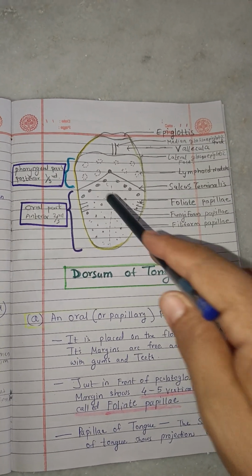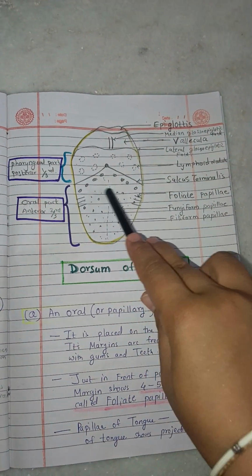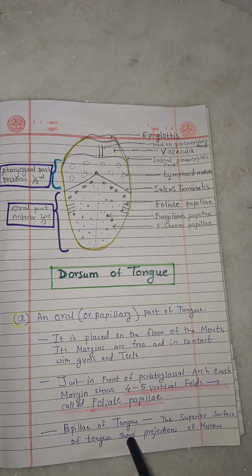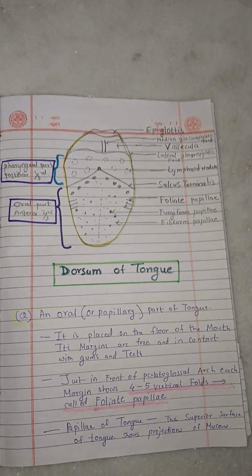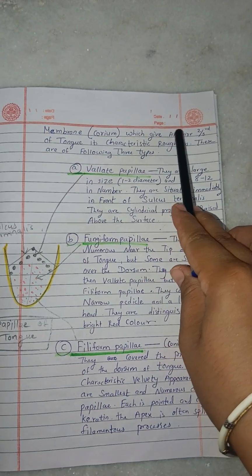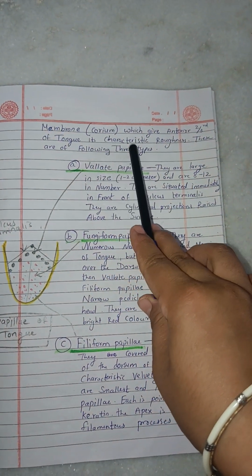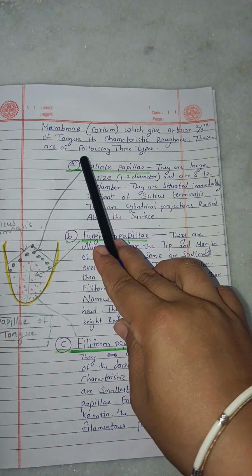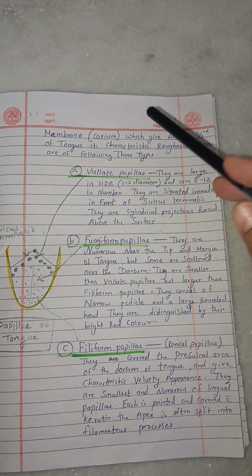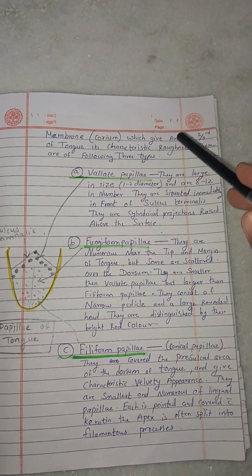Now we will describe the different types of papillae present in the tongue. The superior surface of the tongue has projections of mucous membrane, which give the anterior 2/3 of the tongue its characteristic roughness. These are of the following three types. So the characteristic roughness of the tongue is because of the presence of papillae.